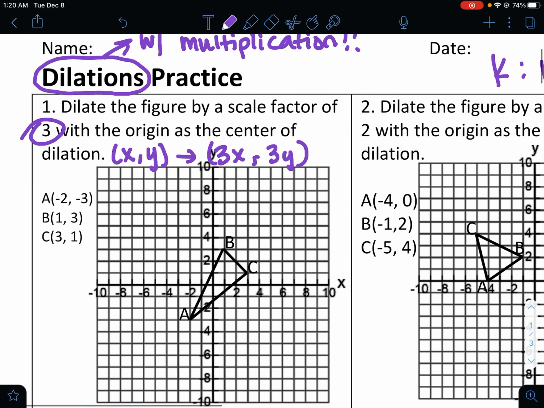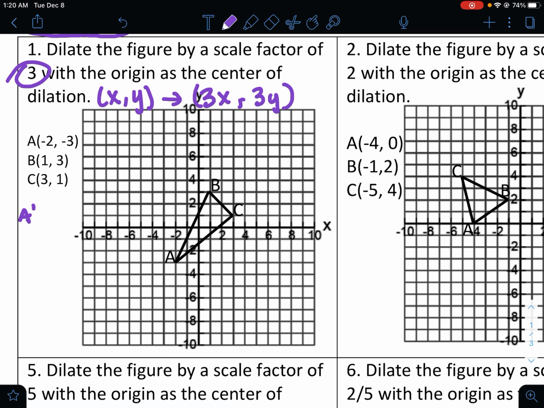That is really important. Okay, so for A prime, B prime, and C prime, again, we're just going to multiply everything by 3. So for A, negative 2 times 3 is negative 6. Negative 3 times 3 is negative 9.